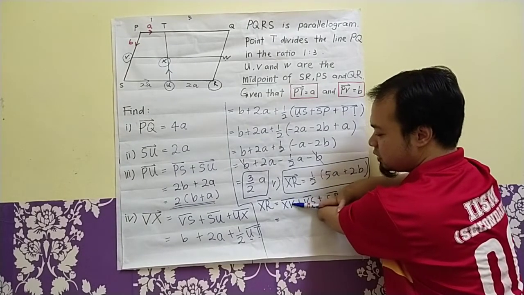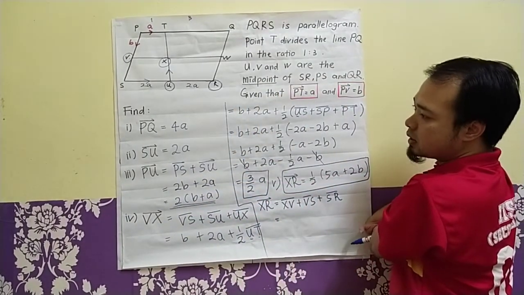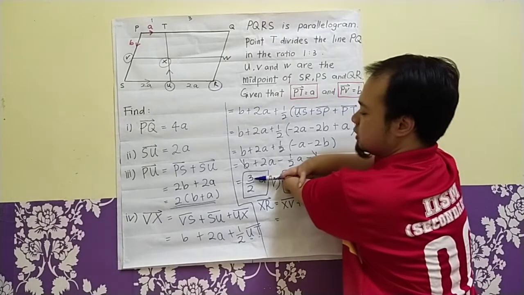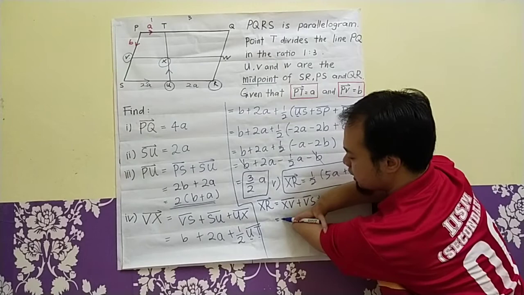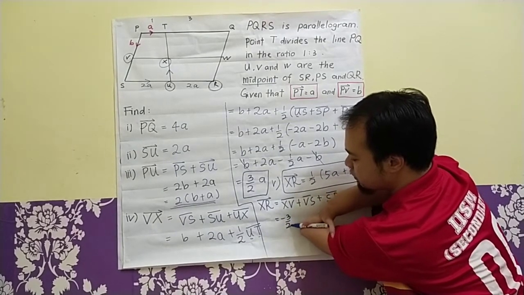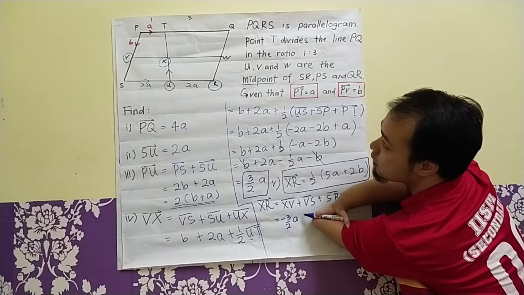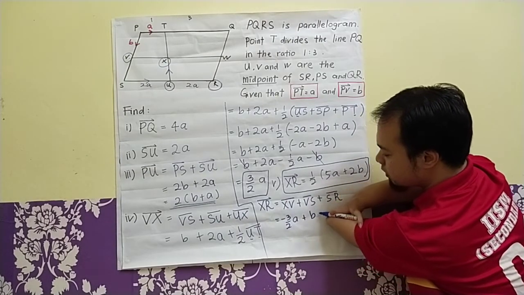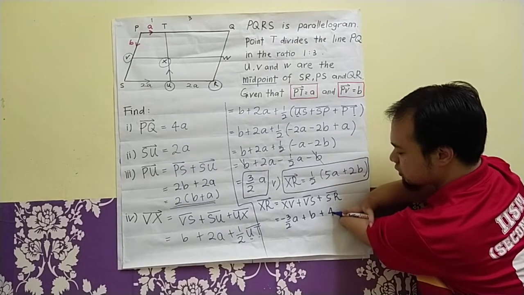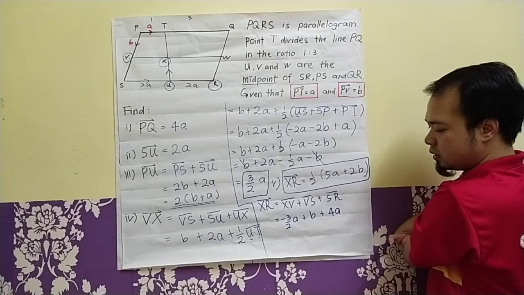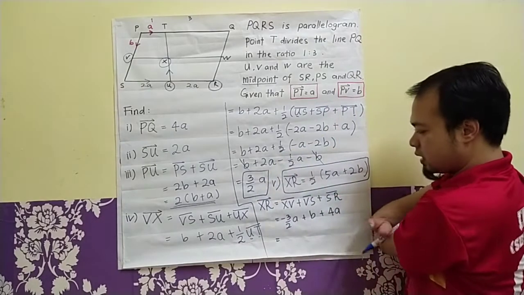XV is opposite of VX. So what is VX? 3/2 a. So XV will be negative 3/2 a. Then VS. What is VS? 1b. Plus, what is SR? 4a. So this is equal to how much?